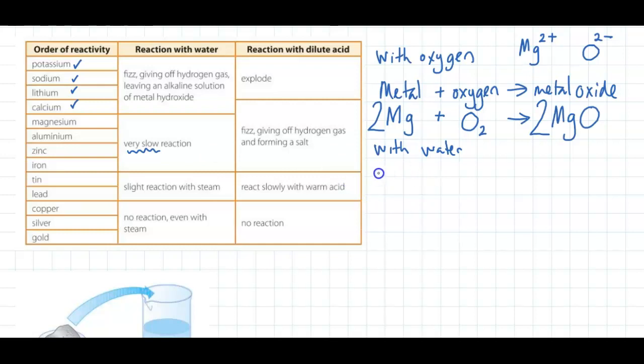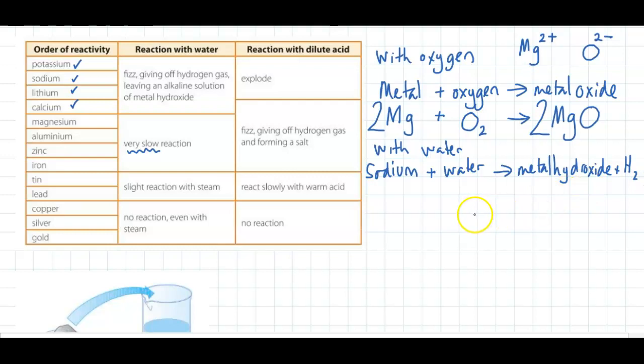Let's take sodium as an example. So key facts: if a metal reacts readily with water, we get a hydroxide. And we should remember that anything that ends in hydroxide is going to be an alkali, and they fizz because they give off hydrogen gas.